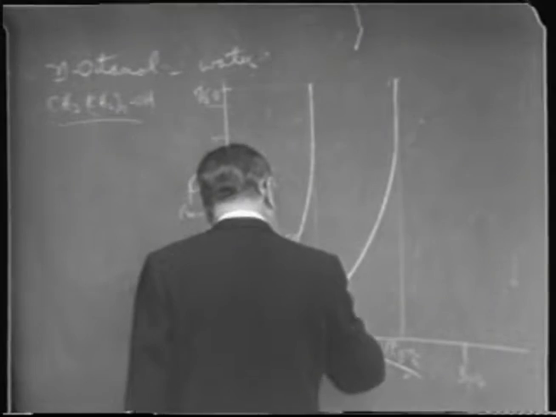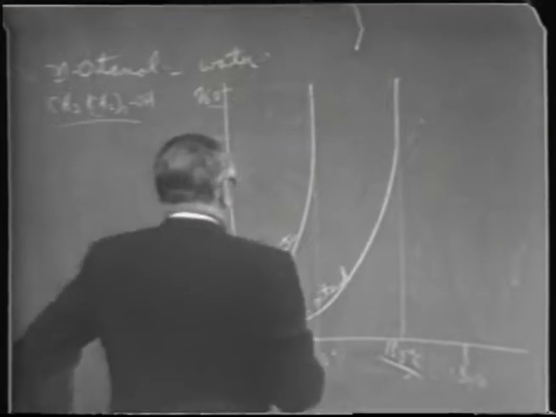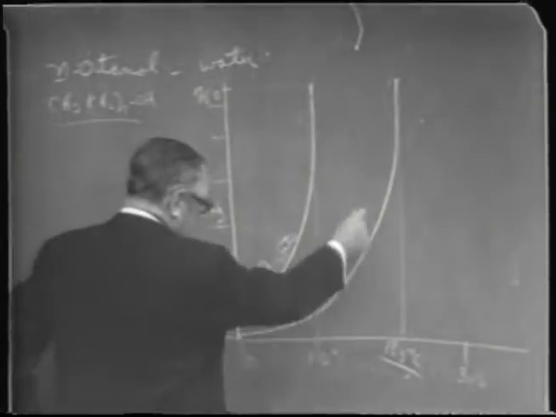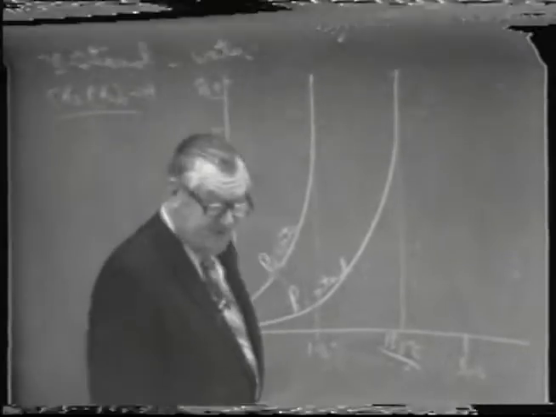This would be the pressure of octanol as a function of temperature, plotted as a pure component. These are the values you'd find in the literature. The vapor pressure is a function of temperature.